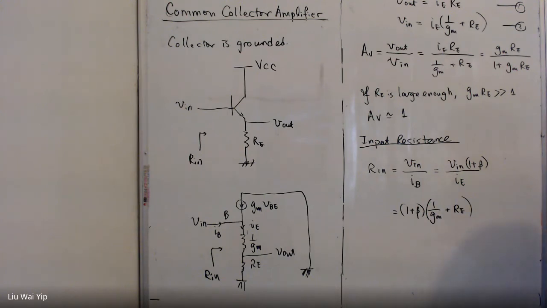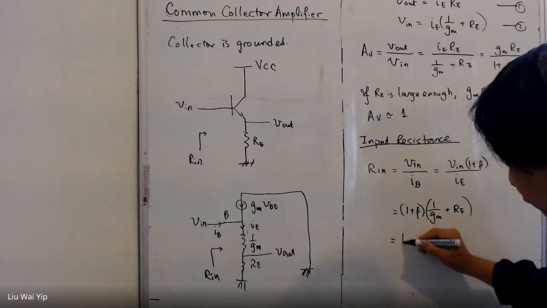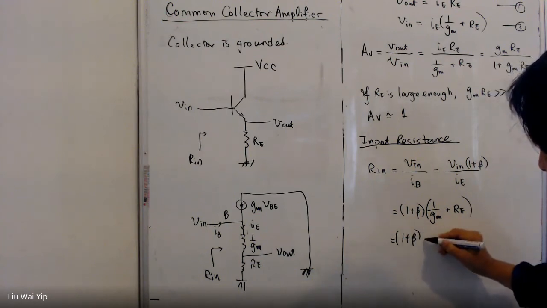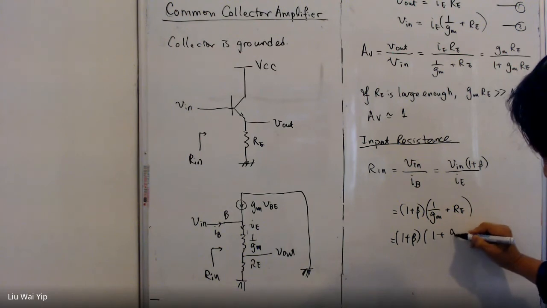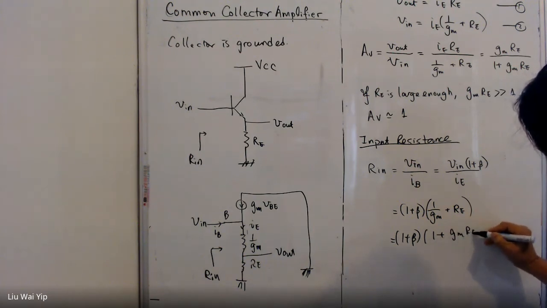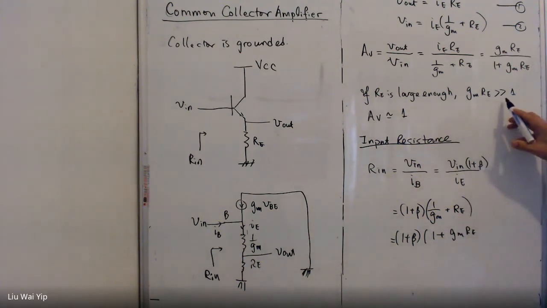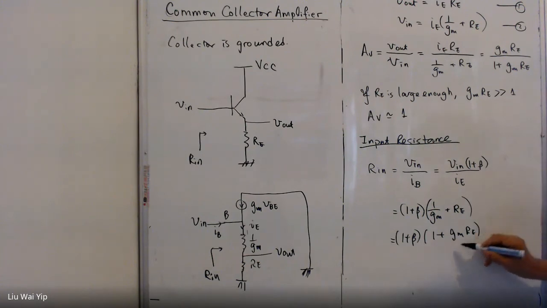It's not. 1 over GM is a large figure. Okay, let's continue. 1 plus beta, and then 1 plus GM RE. And previously, we have already said that this expression is going to be very much bigger than 1.